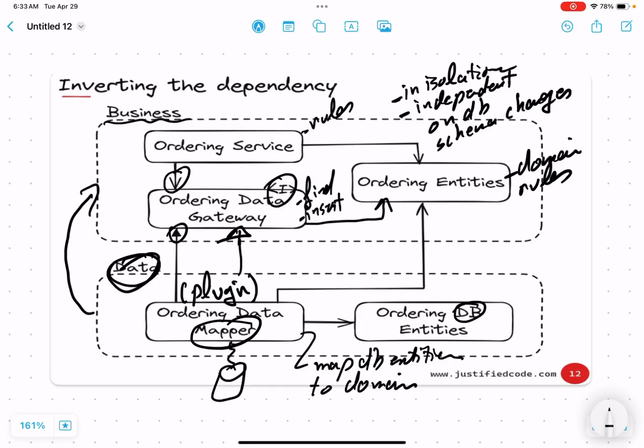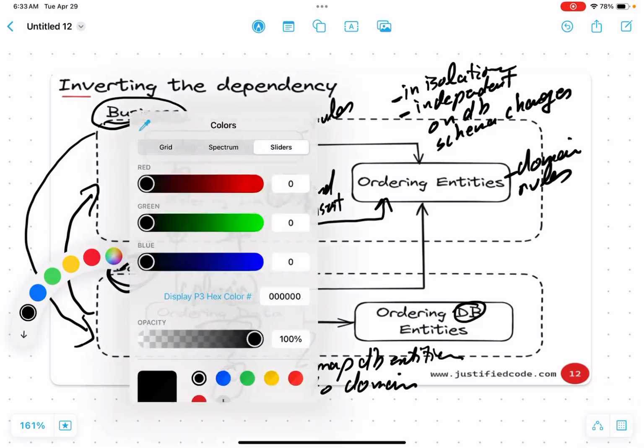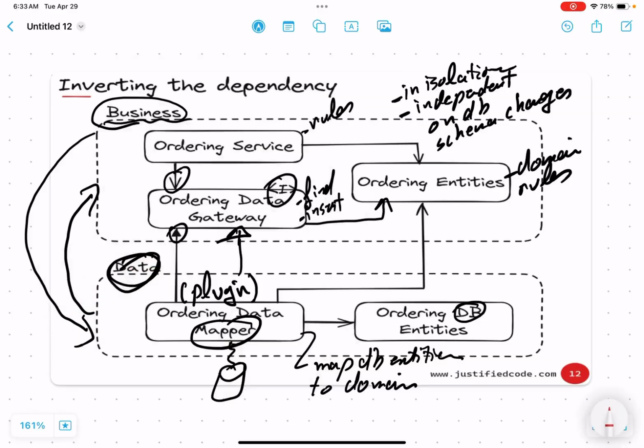That is a better decision, and that is the core idea of the dependency rule that says high-level policy, our business here, must not depend on low-level details. Never let your high-level policy depend on them.